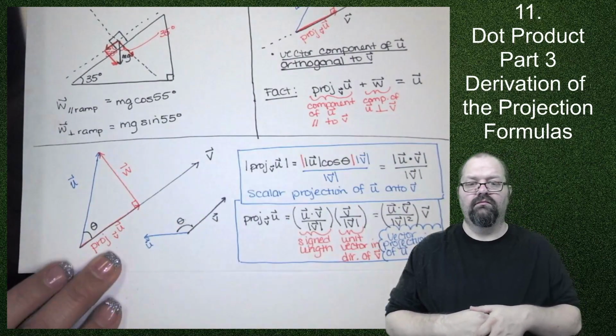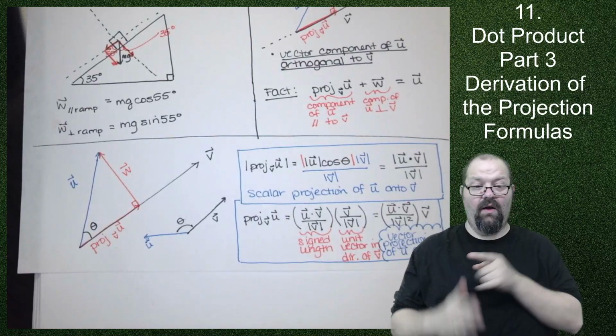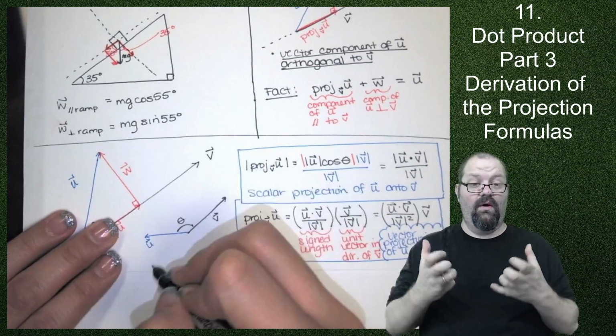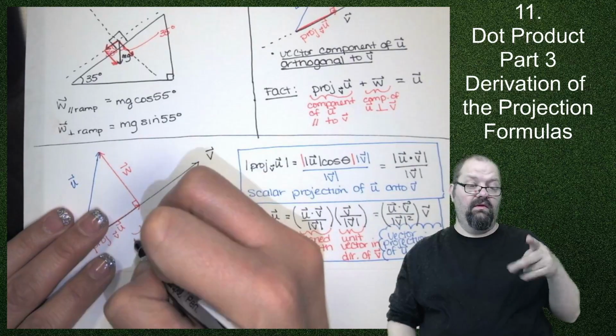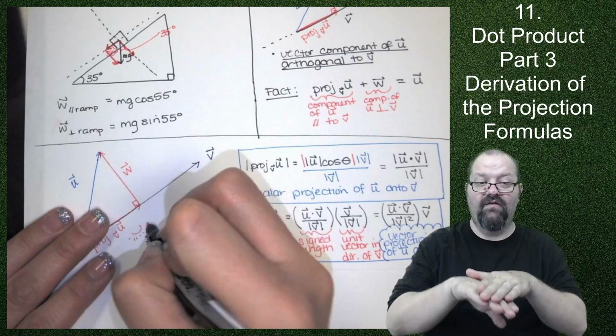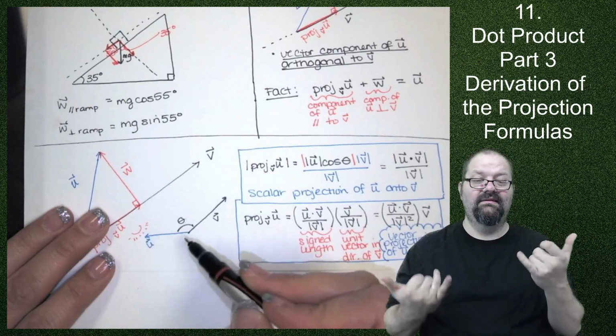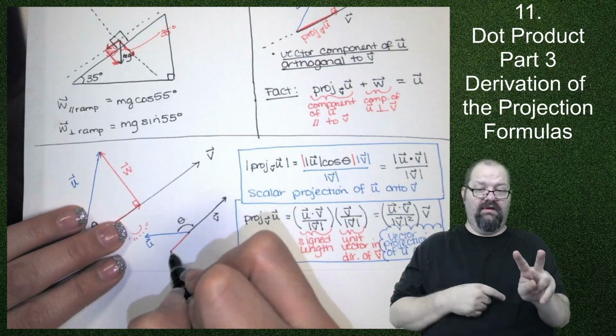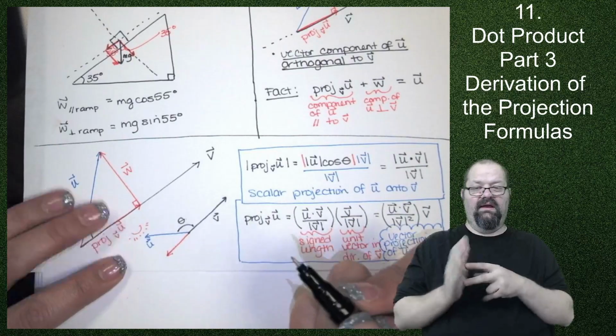So that's my theta. Now when I want to find the projection of u onto v, it actually looks like it doesn't overlap with v at all. I've got the sun here, and I want to know what is the part of u that's parallel to v. It's just that part.